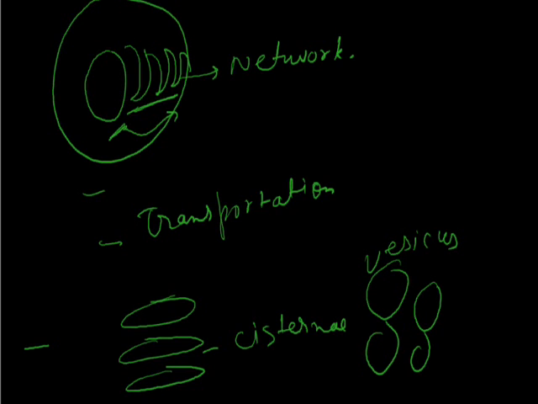And there is another important structure known as tubules. So the three structures are vesicles, cisternae, and tubules.